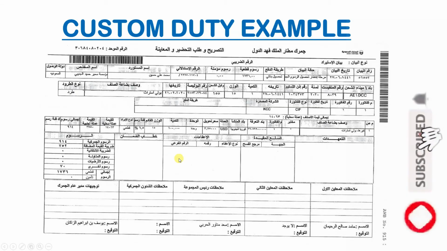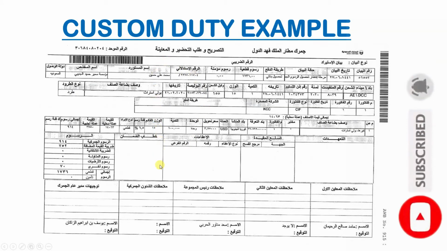Let's see an example. This is a custom duty paper example which is used by Saudi custom authorities. Here is all the information related to the importer, and here is all the information related to the shipment and the shipper. Here are the values of the goods you are going to import and the percentages for the value added tax and the custom duty.